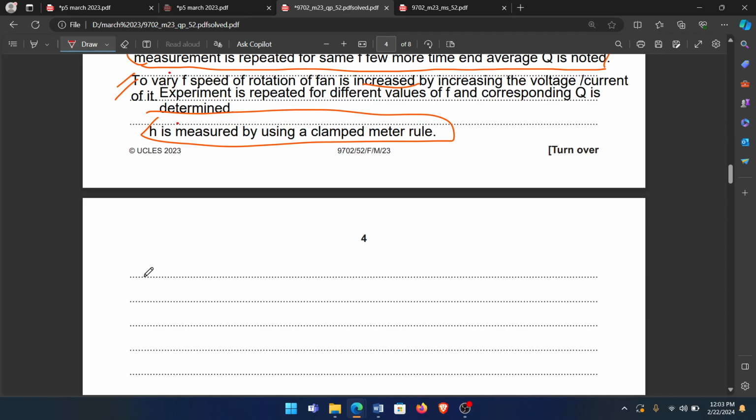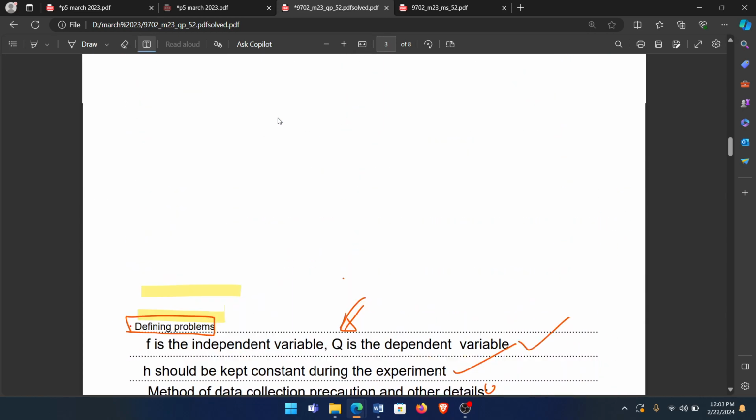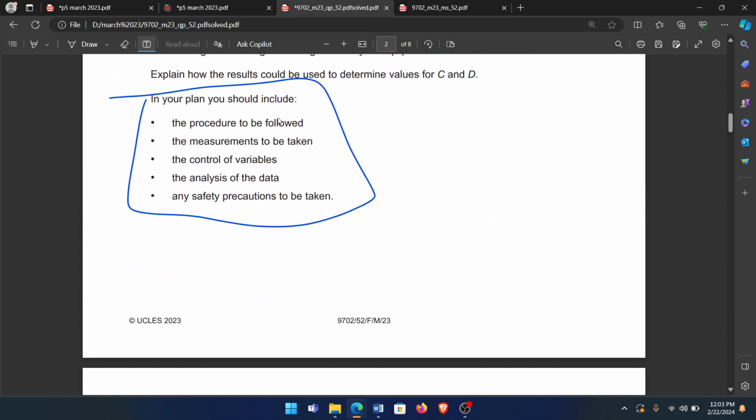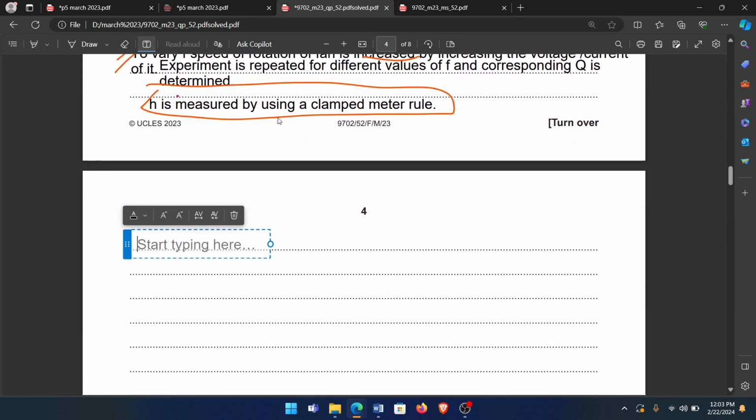As per example, look, as a safety precaution, did they ask for safety? Take into account the analysis data, safety precautions to be taken.